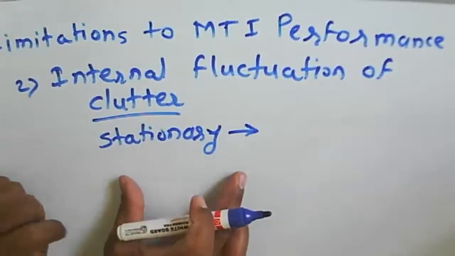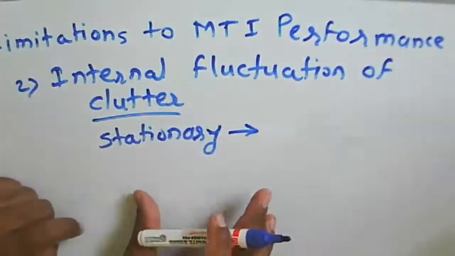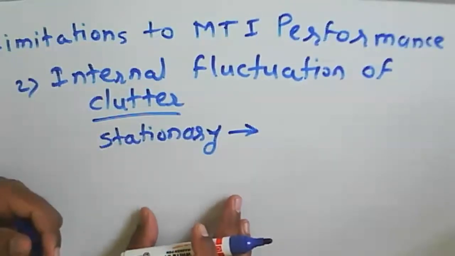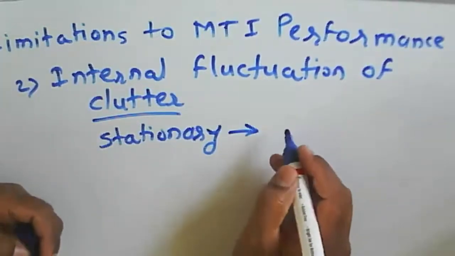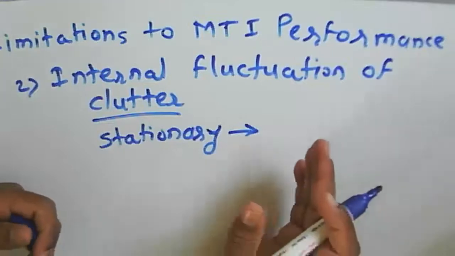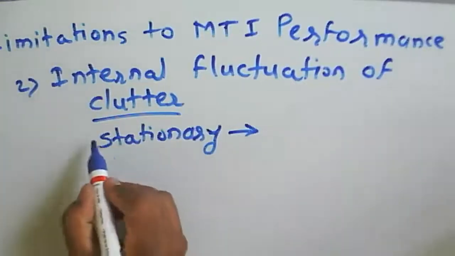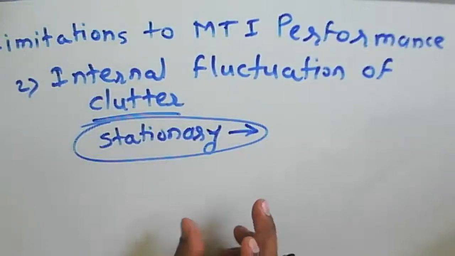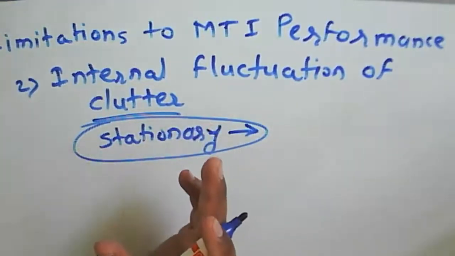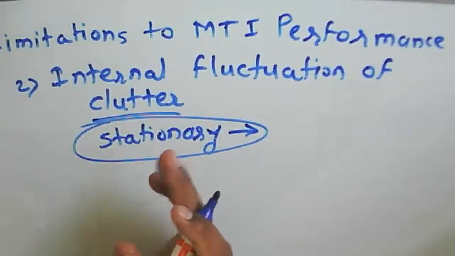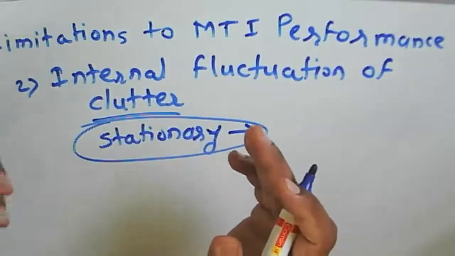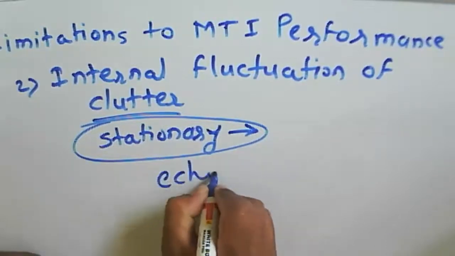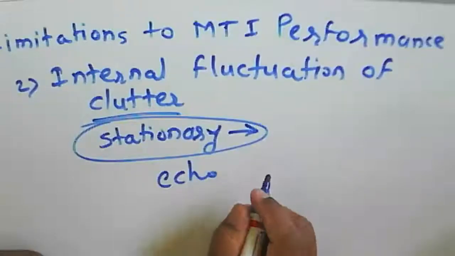So we could not say that we are getting the signal only from one object. We get signals from buildings, mountains, hills, etc. Likewise, various components are to be considered that reflect our signal, so we are getting the echo from all the stationary objects.